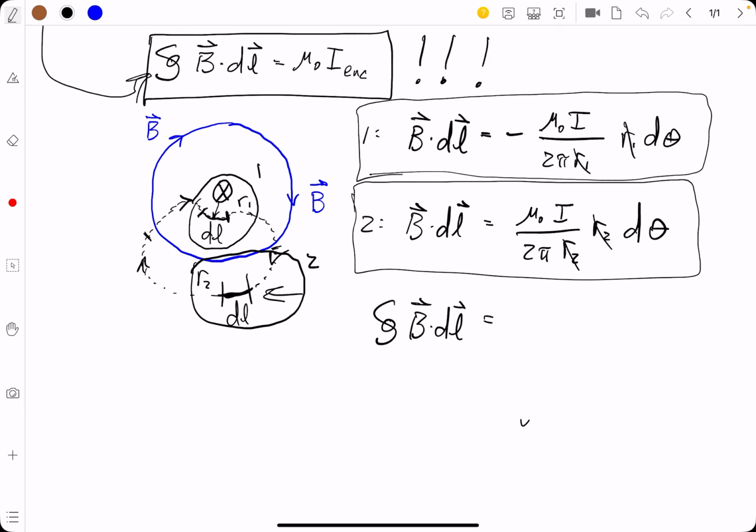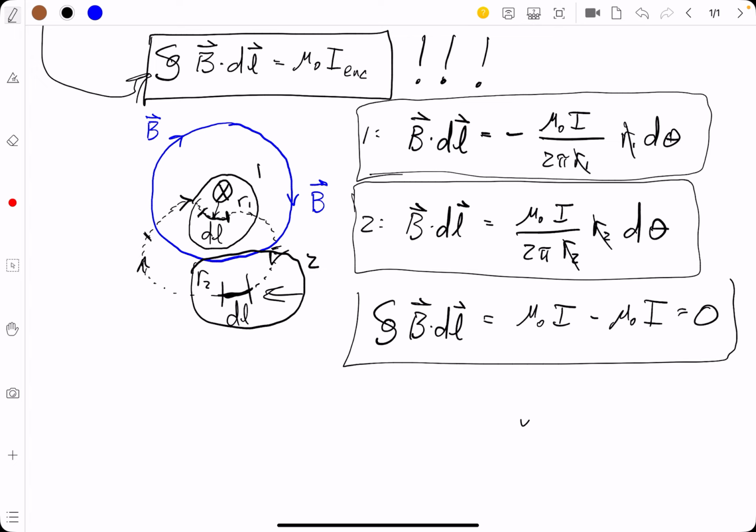So we can then say we've got mu naught I. If you want to divide by 2 pi, you can, it doesn't matter. But we've got a mu naught I minus another mu naught I, which is going to equal 0. So if there's no current inside your closed loop, you're going to get half positive, half negative, and you're going to end up with 0.